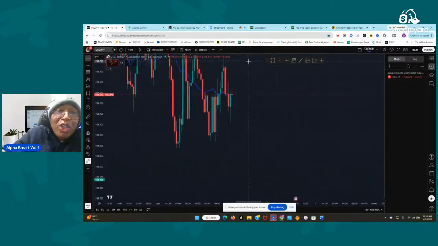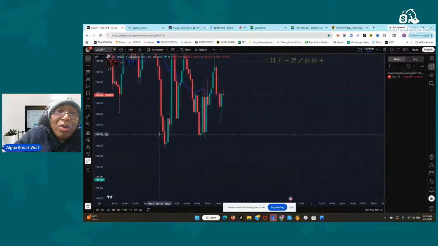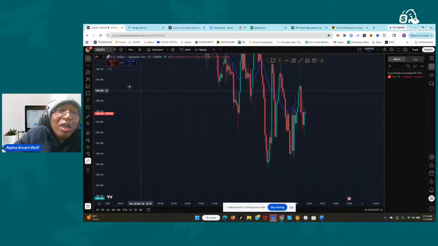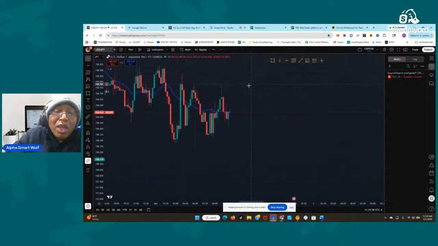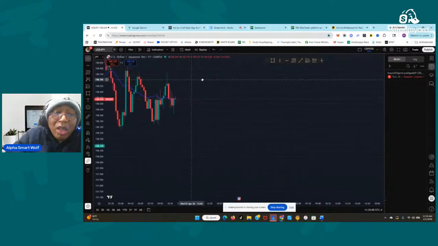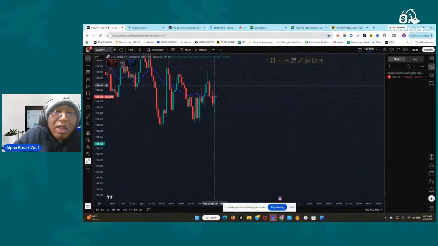I'm looking at the majors, guys, because somebody's asking me why I'm not looking at these other pairs. It's because we're looking at the major pairs, the ones pairing up with USD. We have 9:30. The 9:30 candle is this one here.